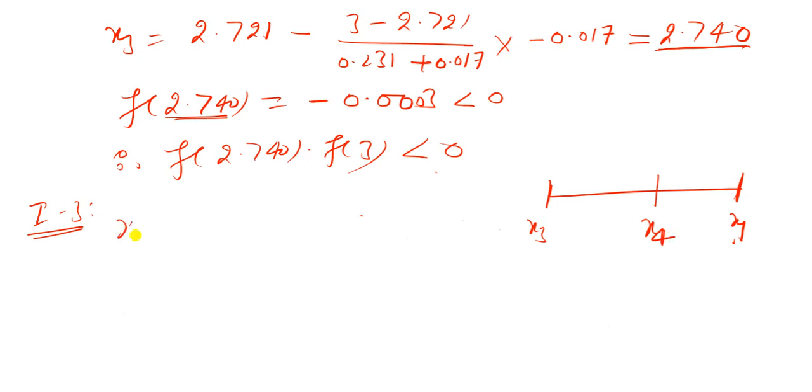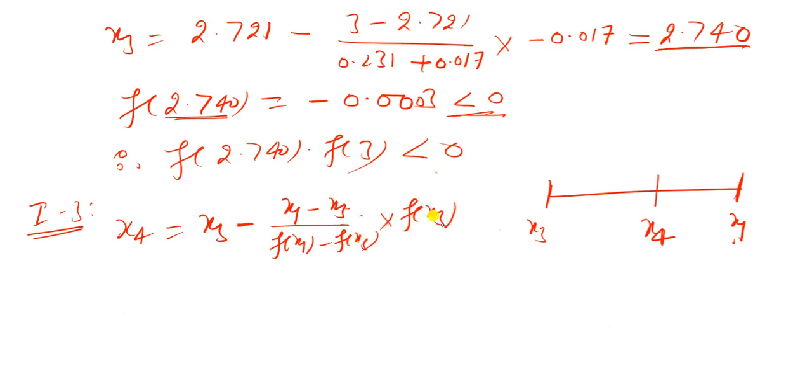Because the functional value at x3 is negative, x2 is replaced by x3, then x4 is equal to x3 minus (x1 minus x3) upon (f of x1 minus f of x3) multiplied by f of x3, and simplify this, we obtain x4 is equal to 2.740.